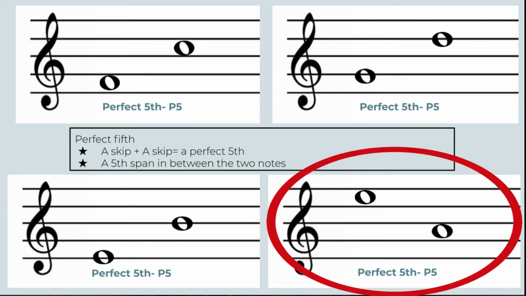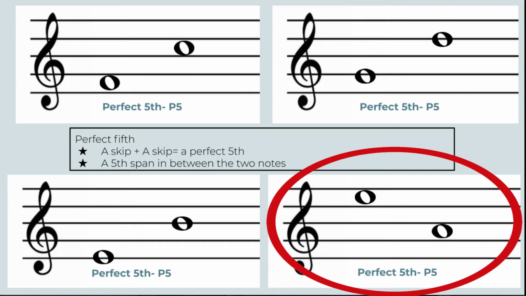So the fourth example on the diagram shows E to A going down. So no matter which way on the keyboard that you're going, the same rules apply. Whether you're going down or up, the rules never change and the same technique applies.